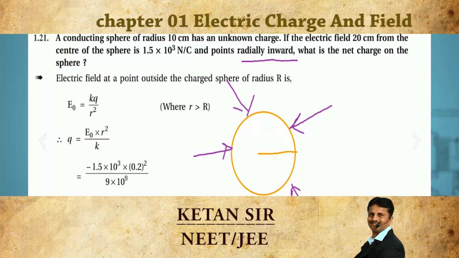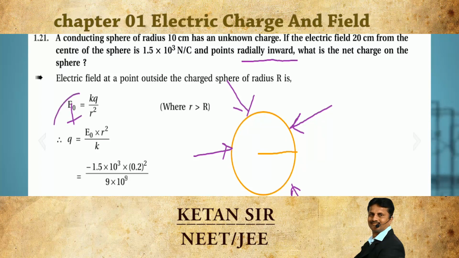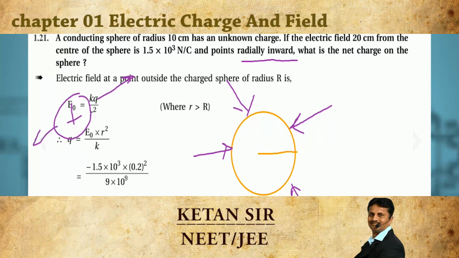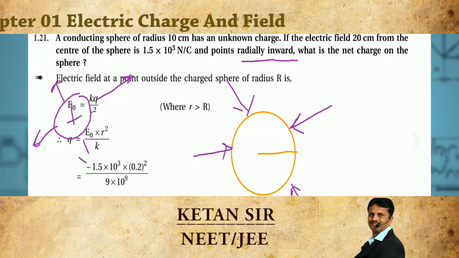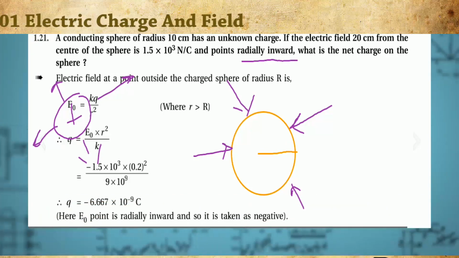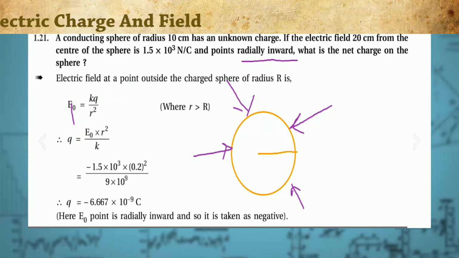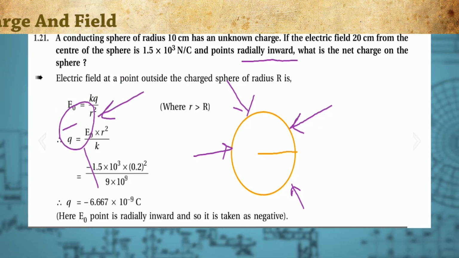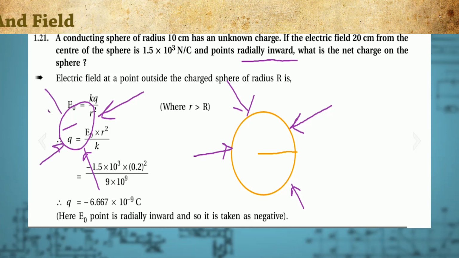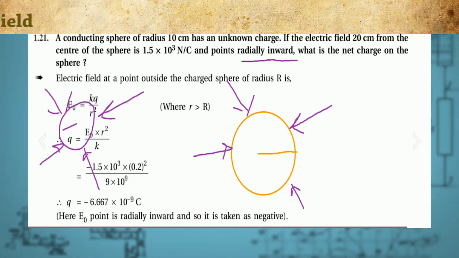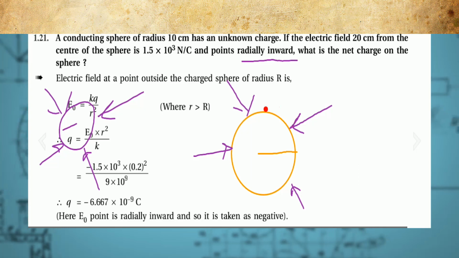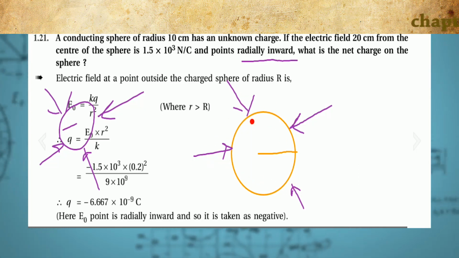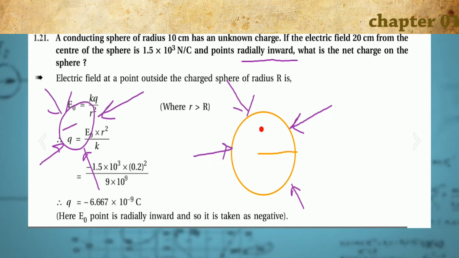We know very well that from a positive charge the electric field lines are in the outward direction, and from a negative charge the electric field is in the inward direction. Here the electric field lines are inward, that means the total charge on the sphere is negative.